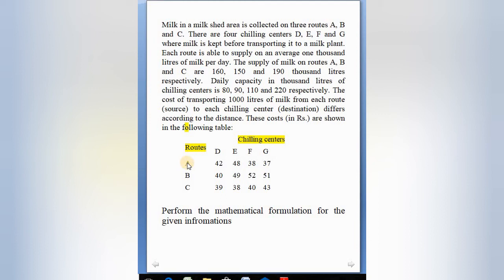So route A to destination 1, route B to destination 1, route C to destination 1. It means x11, x21, x31. And in the same way for chilling centers E, F, G. It means x12, x22, x32.